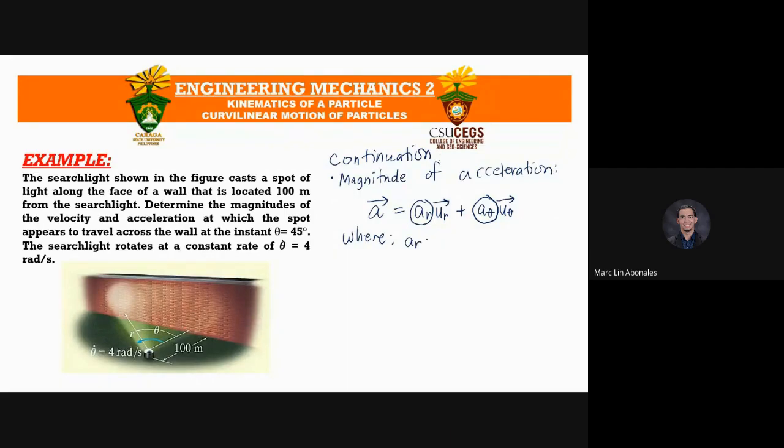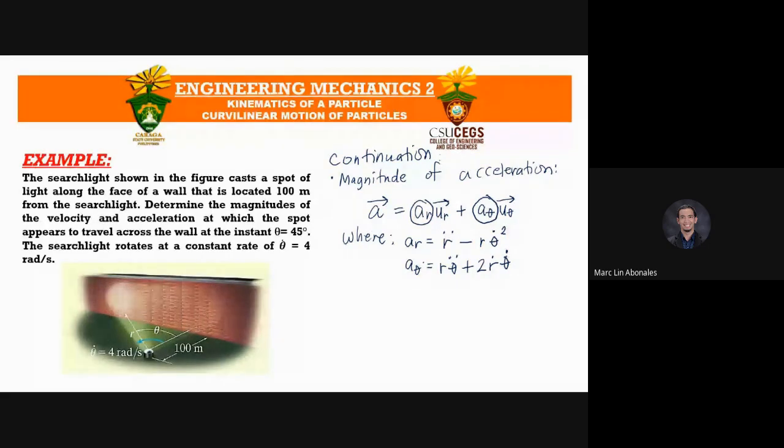So ang A_r nimo is equal to r double dot minus r theta dot squared, and A theta is equal to r theta double dot plus 2 r dot times theta dot. So this can be found on the lecture notes in this topic.